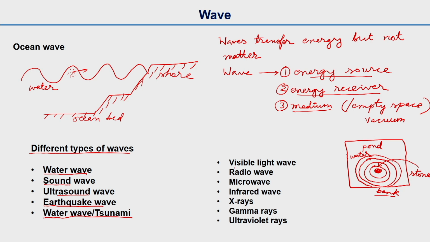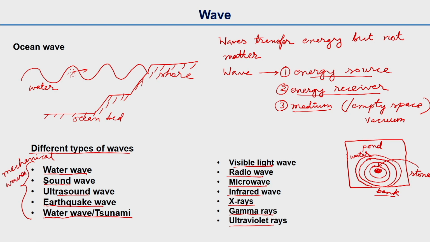Other kinds of waves are visible light, radio waves, microwaves, infrared waves, X-rays, gamma rays, and ultraviolet rays. The first group of waves we call mechanical waves.